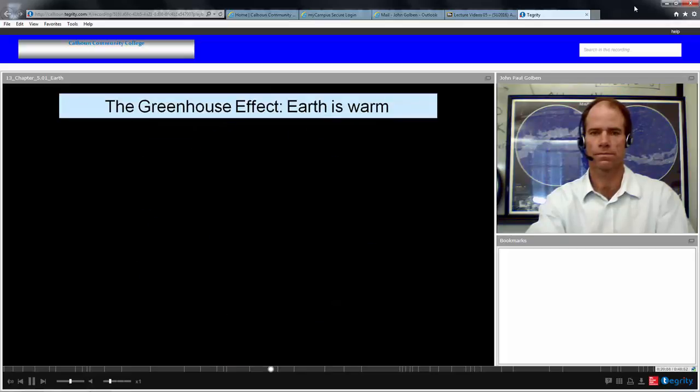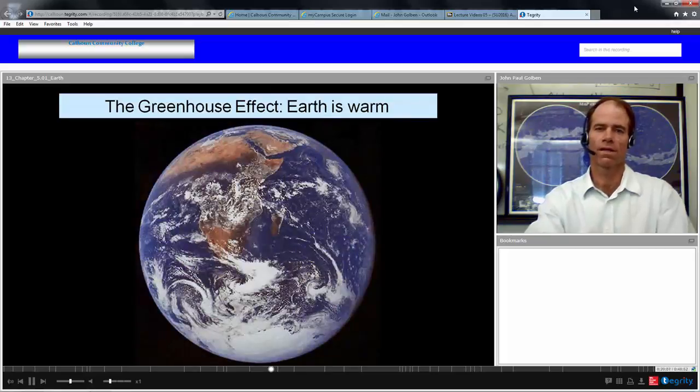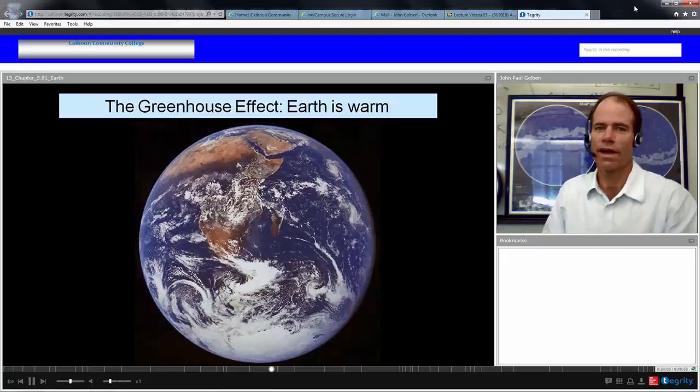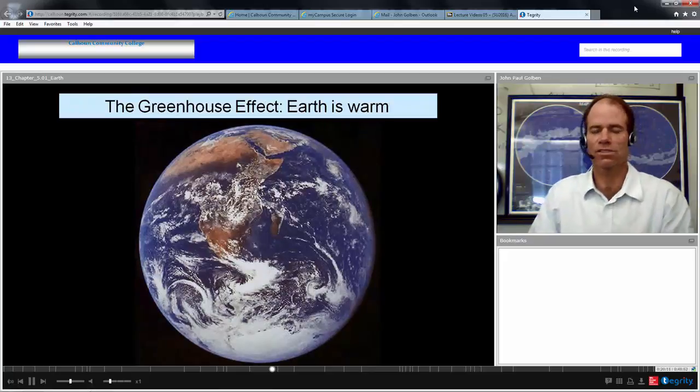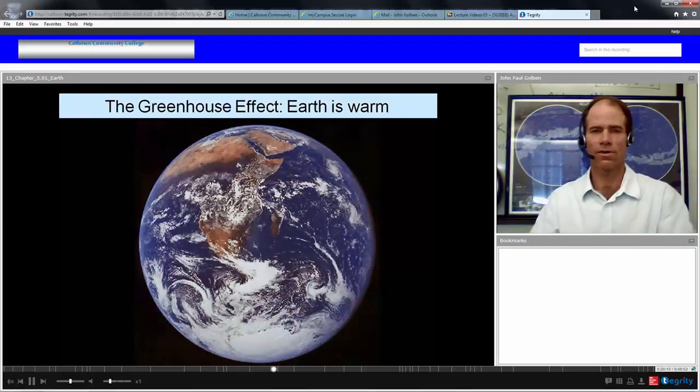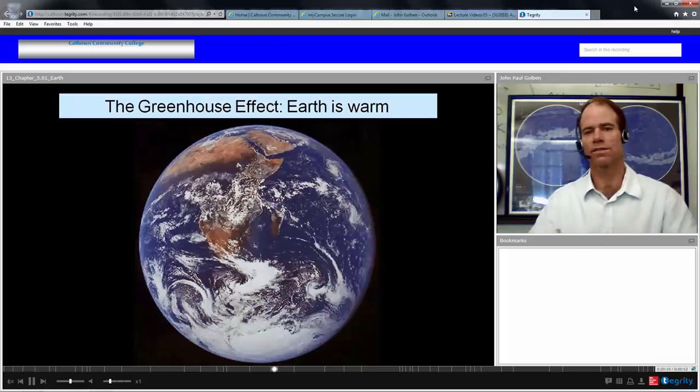So the greenhouse effect on the Earth is just right, like Goldilocks. Earth is warm enough, not too warm, not too cold, not too hot, just right, just far enough away, just enough atmosphere to maintain temperate temperatures, to maintain liquid water on its surface, perfect for life as we know it.